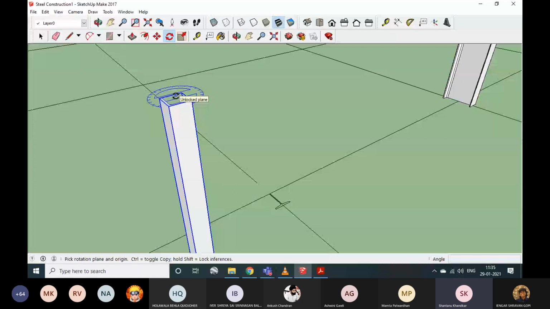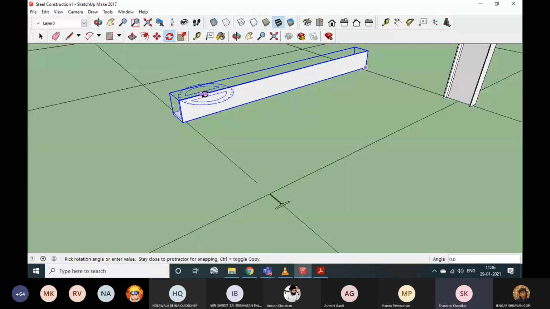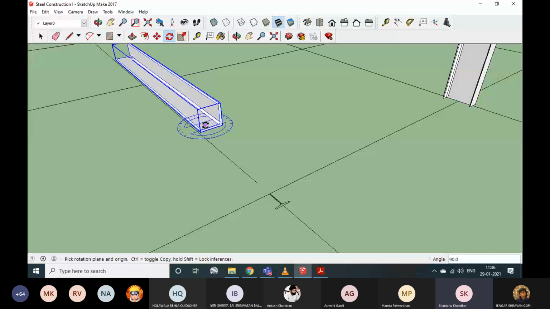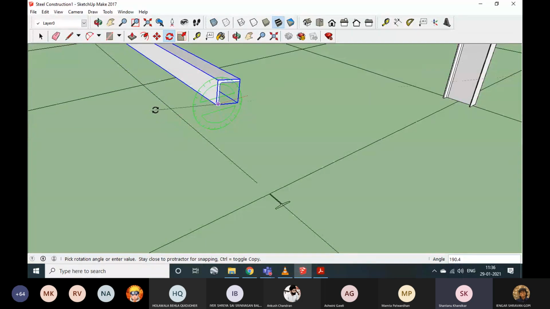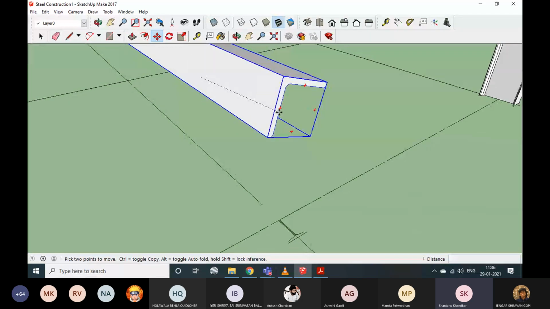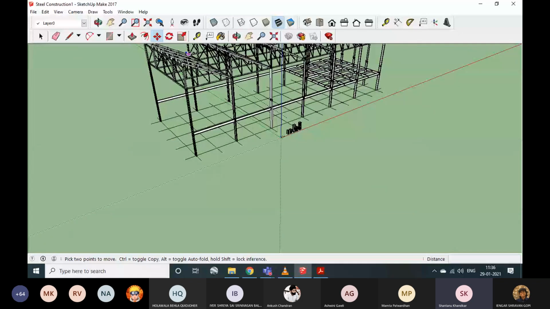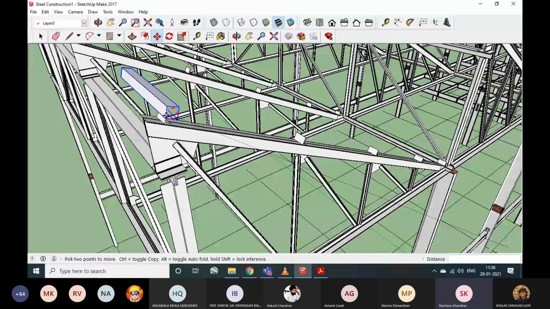So if these are going to form your purlins, I would place my purlins like this over here.